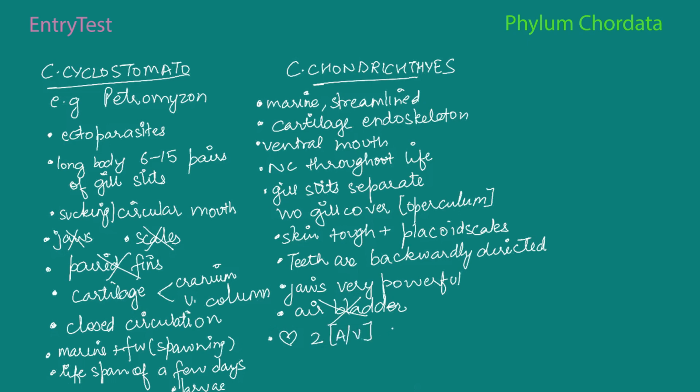Some of them have electric organs also, like the electric ray. Some have poison stings, for example in Trygon. Electric organs and poison stings are means of defense. They are cold-blooded, that means they are poikilothermous.